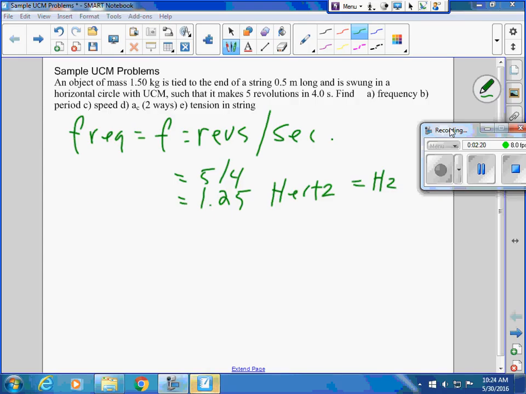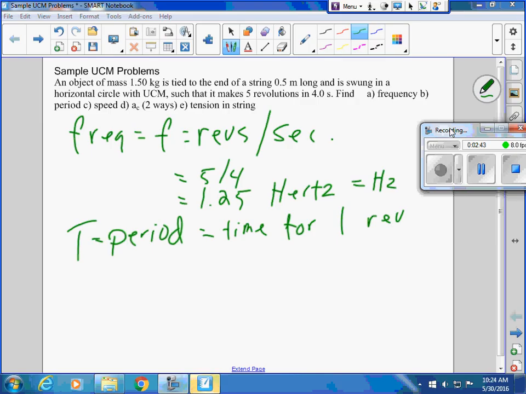The period then is the time it takes. Period is big T. Period, Nate. Time for 1 revolution.